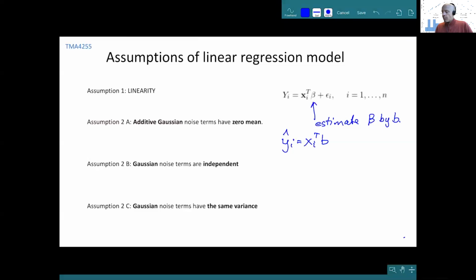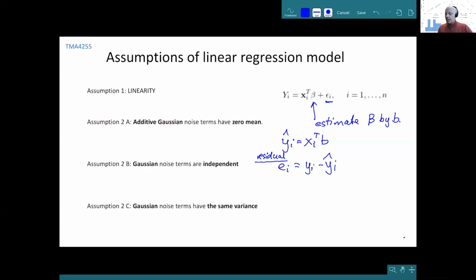And hopefully, if we start to look at differences here, these residuals, which are not theoretical residuals like these epsilon, but data residuals, we hope that this difference also has similar properties as the epsilon. So we hope that these are also more or less independent, more or less have the same variance, and so on.